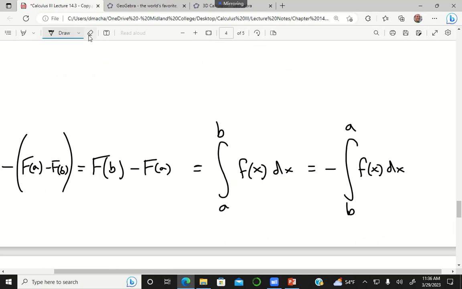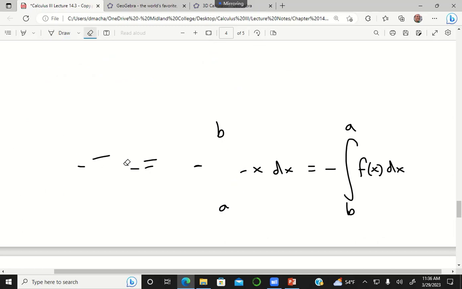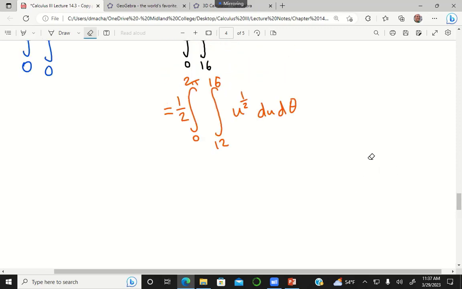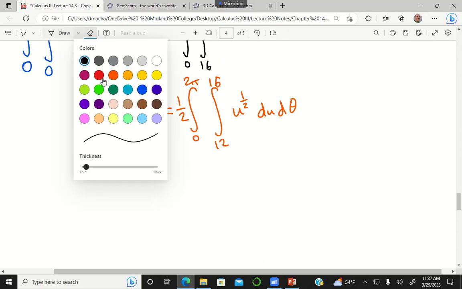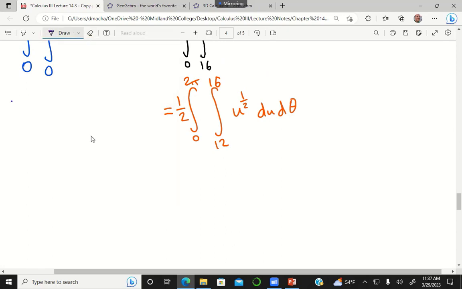So that's what I did. Now I have to take the antiderivative of u to the 1/2 power. And so the power rule tells me that this would be 1/2 integral 0 to 2 pi of u to the power 3/2, and then I would have to multiply everything by 2/3.